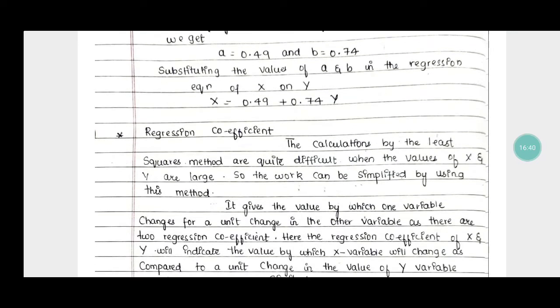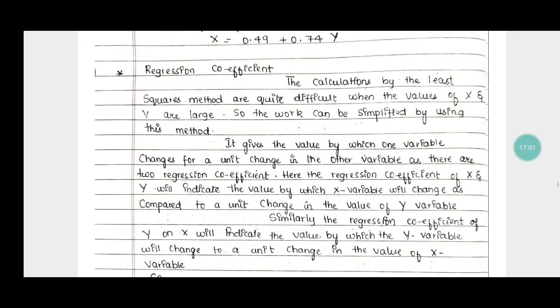So coming to the next, that is regression coefficients. The calculation by the least squares method is quite difficult when the values of x and y are large. So the work can be simplified by using regression coefficients. The regression coefficient gives the value by which one variable changes for a unit change in the other variable, as there are two regression coefficients.